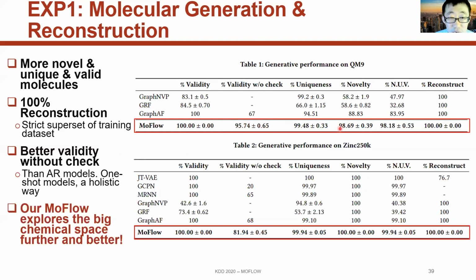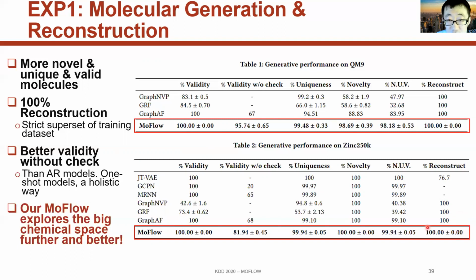Our models can generate very diverse and unique molecules and also achieve the top novelty. Thus, our model can generate more novel, unique, and valid molecules. Because our models are invertible, this guarantees 100% reconstruction. Here we also compare with the VAE models, autoregressive models, and flow models.